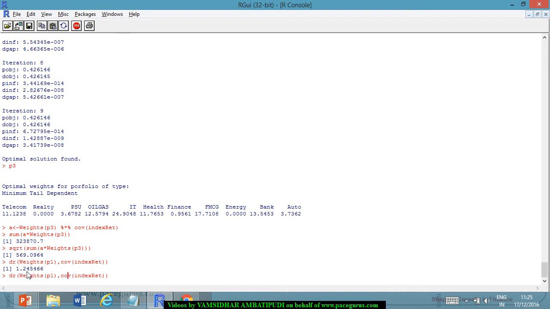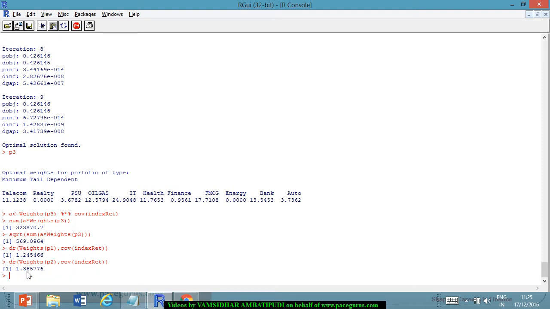Let me try with the second model, which is the most diversified portfolio. This is giving me 1.36, which means this is much more diversified compared to my global minimum variance portfolio.